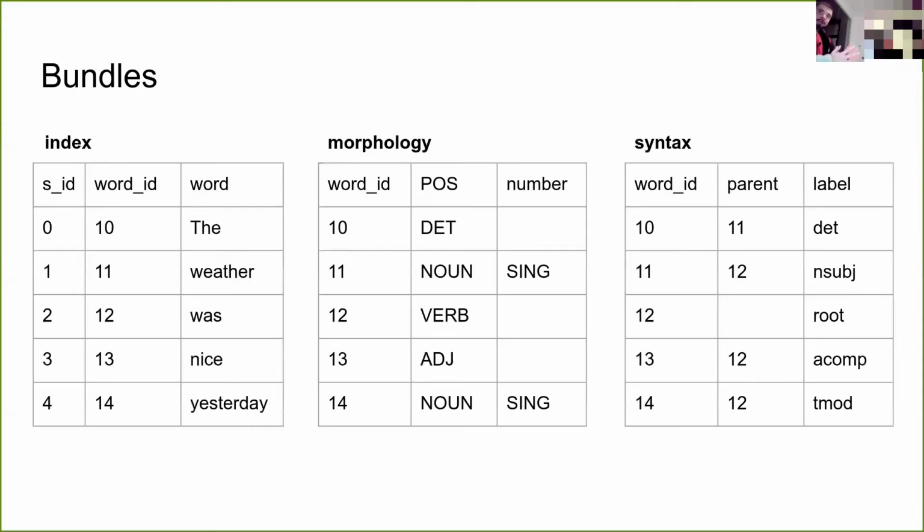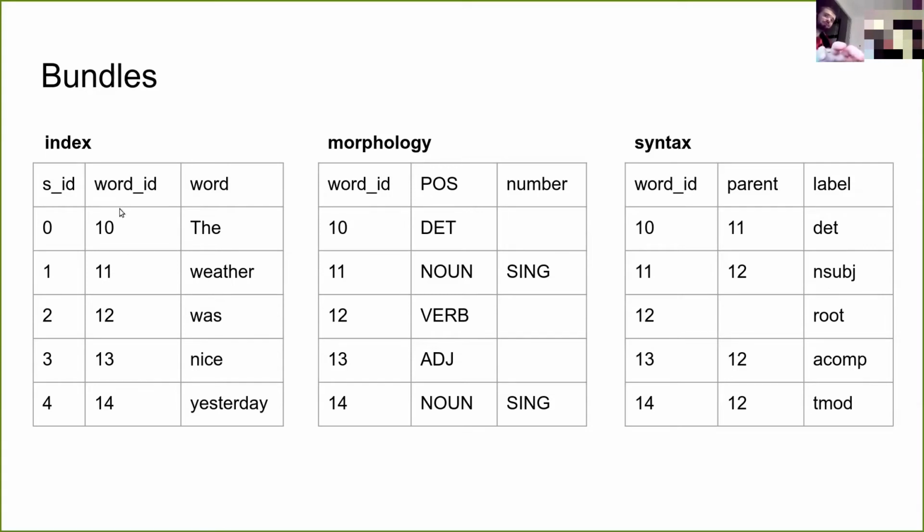So how do we process this information? It starts when we build what we call the bundle for our research. We pick all the sentences we are interested in, and we create the negative samples out of them by replacing the correct form of the verb with an incorrect form. And we store these sentences in the index frame. This is the main frame that we use in our research.